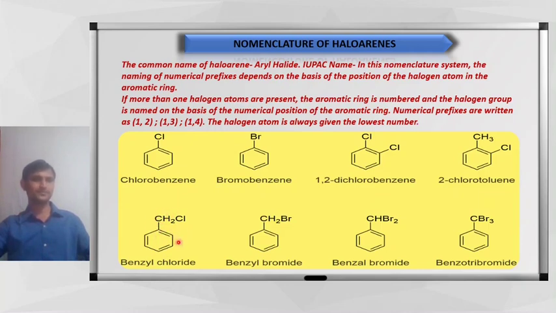Benzylic system. And this is the aryl system. Now see, this is benzyl bromide, and this is benzo tribromide. So these are examples of haloarenes.